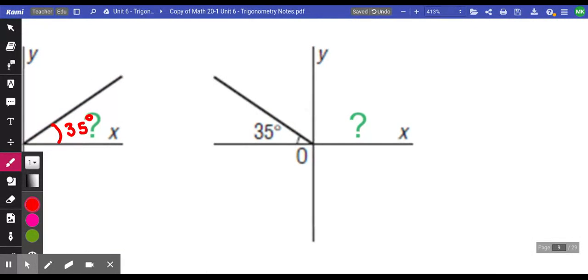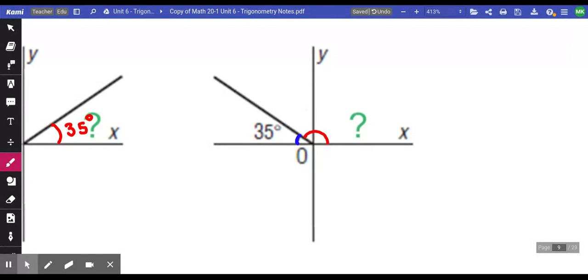If we want to find the standard position angle for this one, the mistake that people make is they realize that's the standard position angle, and then they try to use the fact that from here to here is 90 degrees. They'd say, oh, 90 plus 35 would give me the standard position angle. But that's not true, because this 35 degrees is a reference angle, and reference angles go to the nearest x-axis.